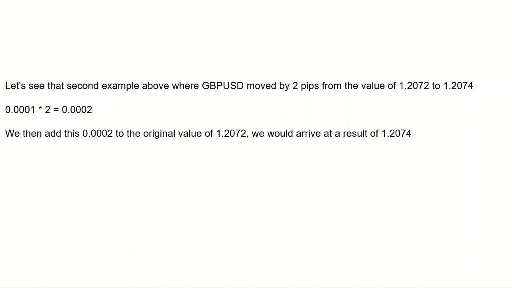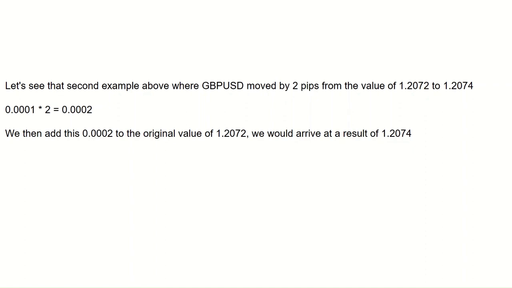Now, I told you that whenever the currency pair moves by 1 pip, it moves 0.0001. So since GBP/USD moved by 2 pips, we are going to multiply 0.0001 by 2. So it will give us 0.0002. So when GBP/USD made a 2 pip movement, it moved by 0.0002.